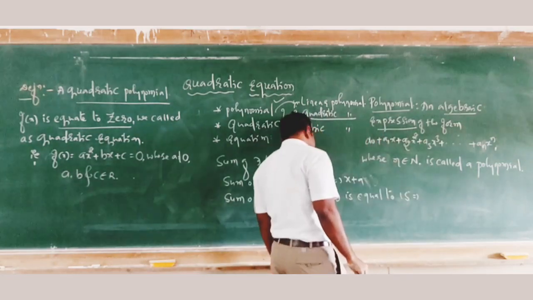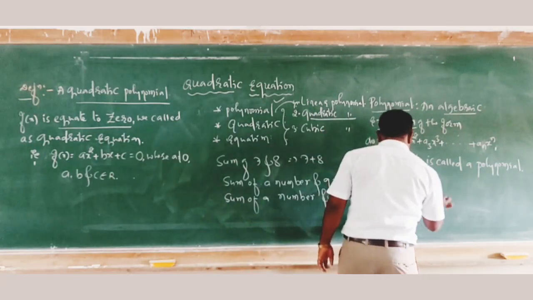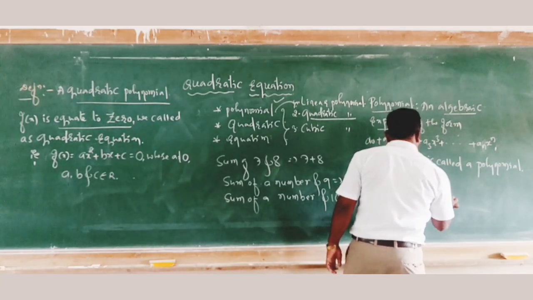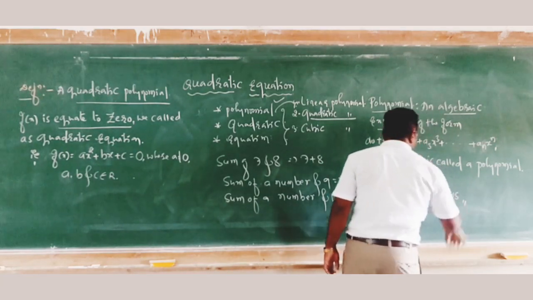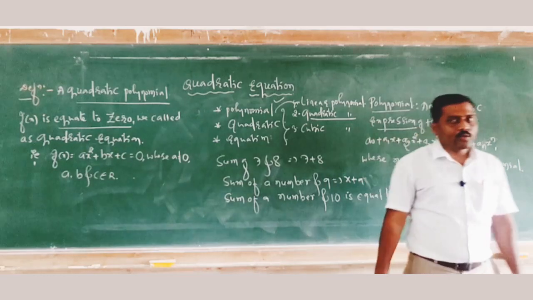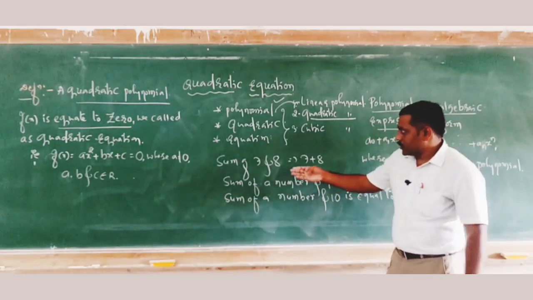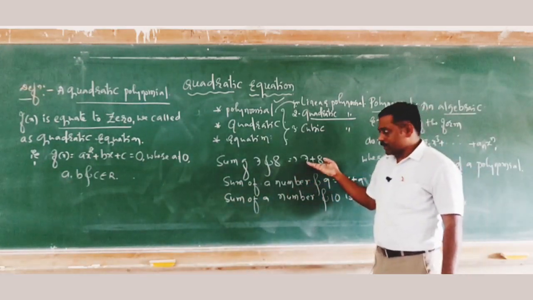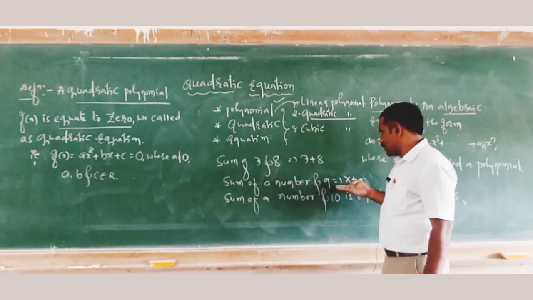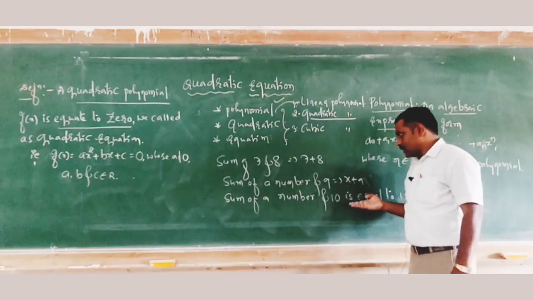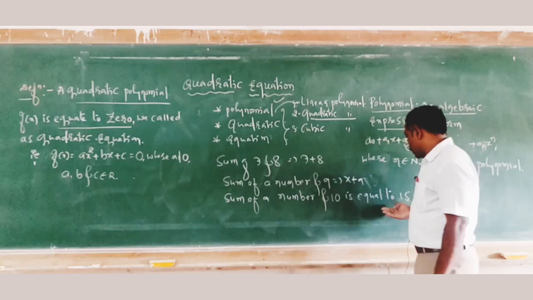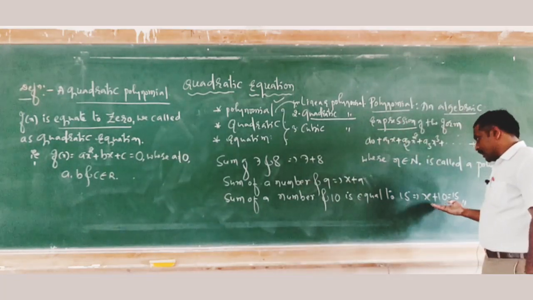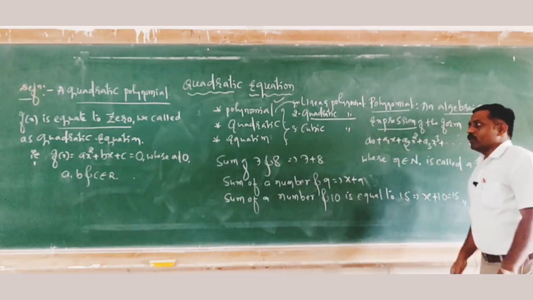How can we write it? x plus 10 is equal to 15. What you observe here: the sum of 7 and 8 we write as 7 plus 8, the sum of a number and 9 we write as x plus 9, and the sum of a number and 10 is equal to 15 we write as x plus 10 is equal to 15.